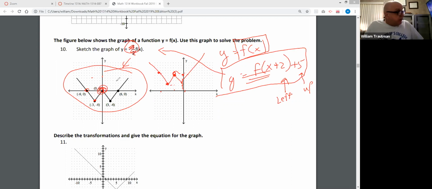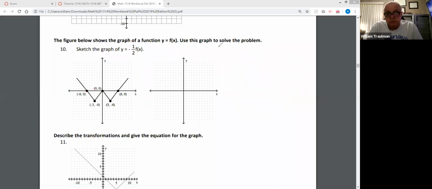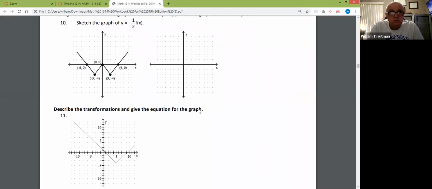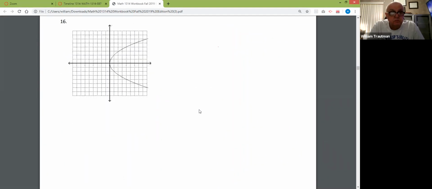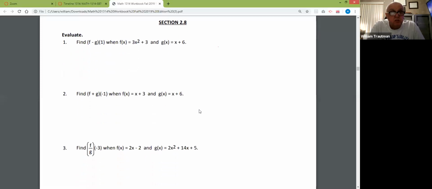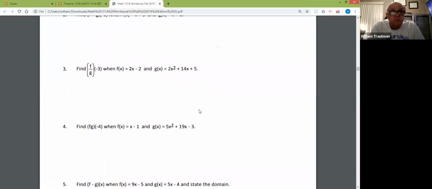I'm going to 2.8, number 3 and 4 now. So this is the two functions dividing.